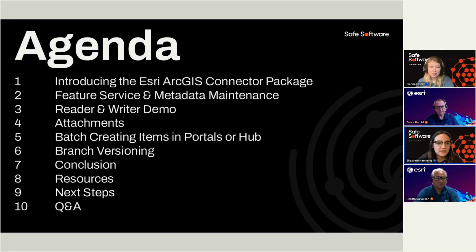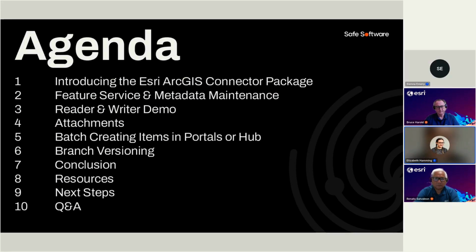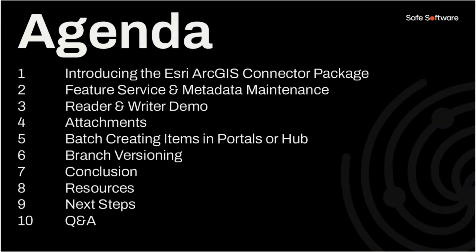All right, so with that, I'm going to prompt our presenters to please turn off their webcams to save on some bandwidth for the remainder here, and I'll take us through a brief overview of our agenda. As you can see, we have a lot of great content to cover today. We're going to be kicking things off with an introduction to today's topic, followed by feature service and metadata maintenance. From there, we're going to be going into a reader and writer demo.